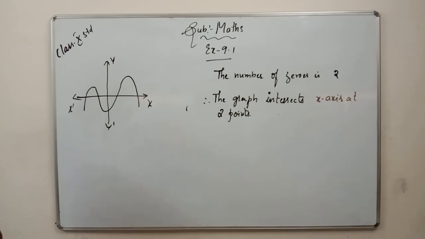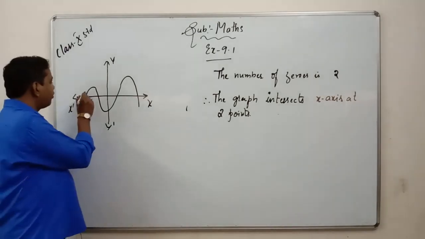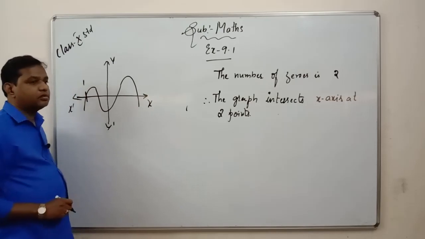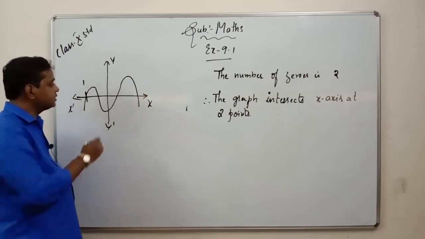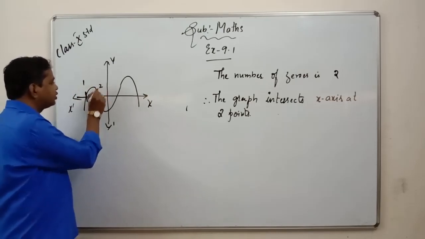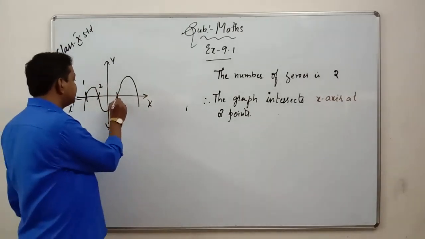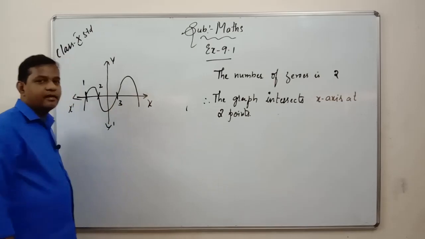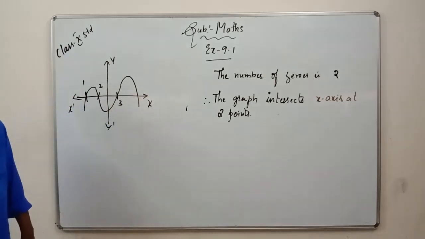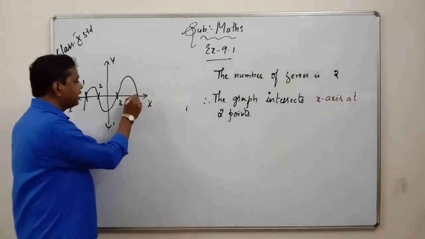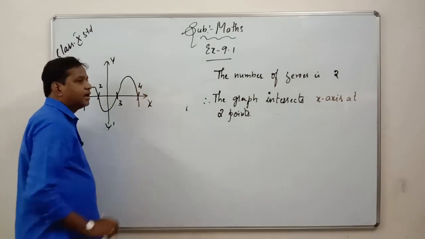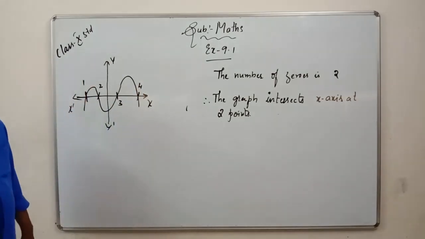Can anyone say? It is intersecting at 1. I told you to consider only the x-axis. Second one is 2 because we are taking only the x-axis, and this is 3. The third point where the graph is cutting the x-axis, and this is 4. And this is the fourth point where the graph is cutting. So it is cutting at 4 points.